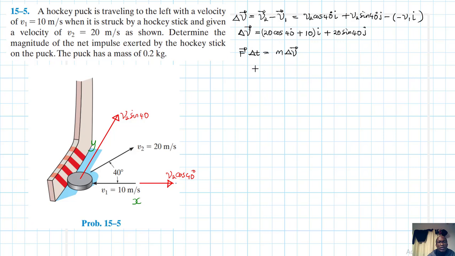This is what we want, so we'll let I be equal to F delta t.